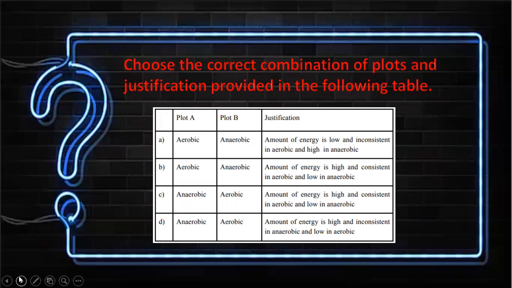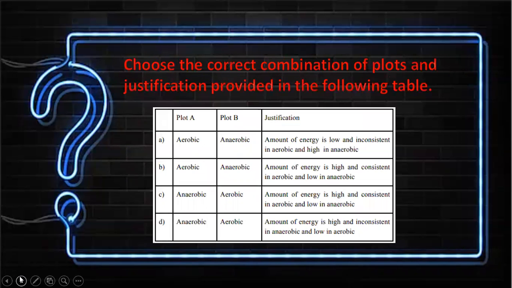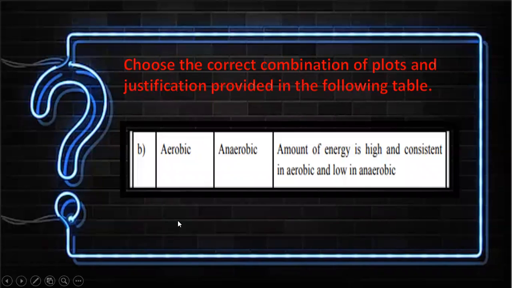So aerobic and anaerobic respiration, amount of energy, exactly option B. Without further reading the others, we can say the answer of this question is plot A shows aerobic respiration and plot B shows anaerobic respiration. Yes, that's the answer. The amount of energy is high and consistent in aerobic and low in anaerobic respiration. Clear with that?